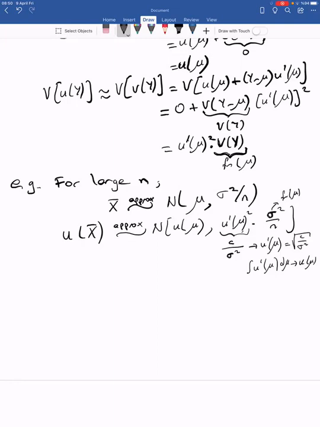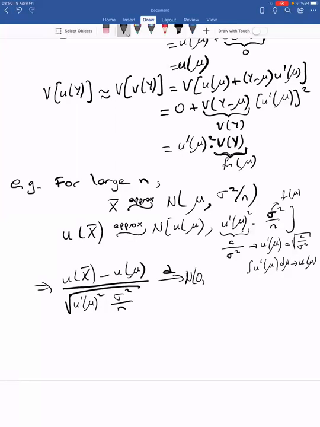After deciding our u, we can use this, for example, in this case, using the standardization with u prime(mu) whole squared, there will be no parameter in the standard error part. So in the denominator, there will be no unknown parameter after the derivative. So the limiting distribution will be standard normal.